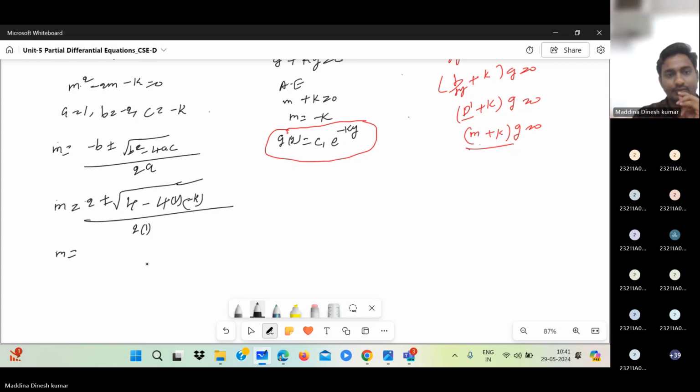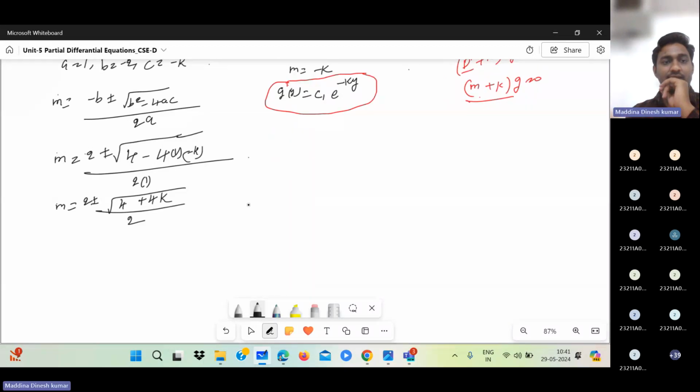Finally it is reflected. So 4 I will take outside, then you will get 2.